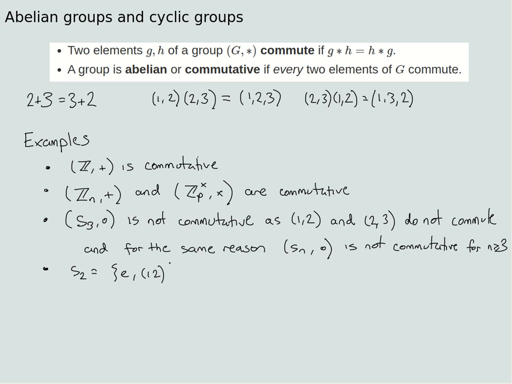There's a transposition (1 2), and there's the identity element E or ID, whatever you want to call it. This thing is commutative because if you check the elements, the only possible compositions you've got are E composed with (1 2), and (1 2) composed with (1 2), and E composed with E, and all of these things commute. So this thing is commutative.